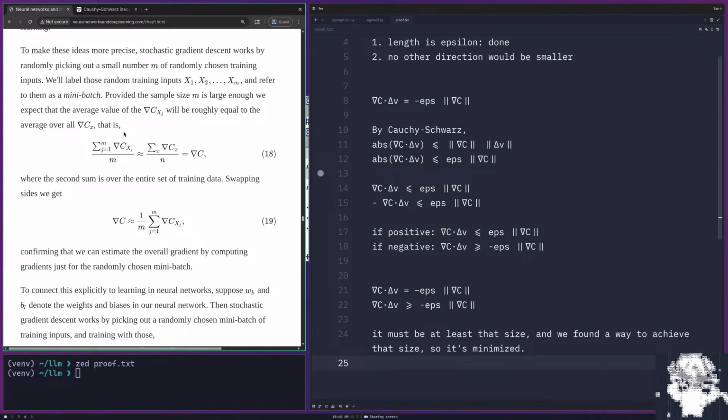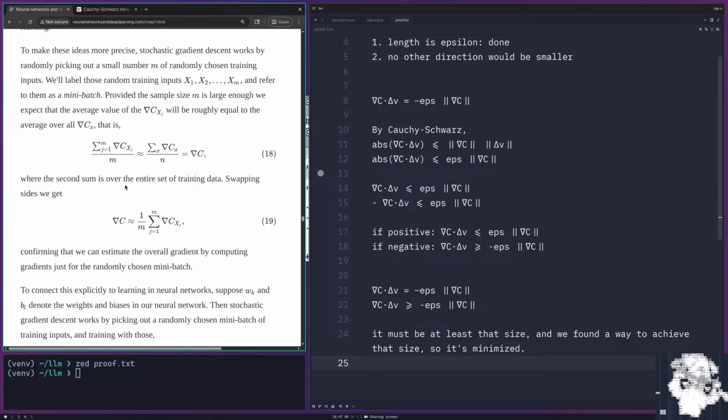That is, the sum from j equals 1 to m of grad of C Xj over m is approximately equal to the sum over x of grad of Cx over n, which equals grad of C, where the second sum is over the entire set of training data.